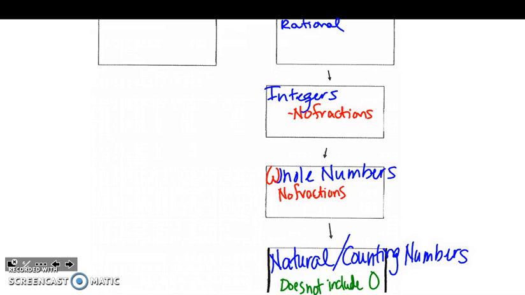Let's try another example. This one's going to be a little tricky because it's called a square root. If I have the square root of 36, we have to figure out, what is the square root of 36? Because that's not simplified, we're going to have to type that into our calculator.